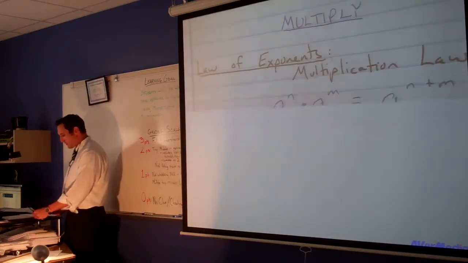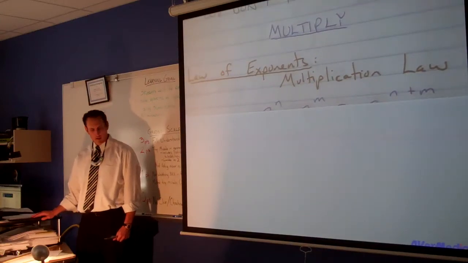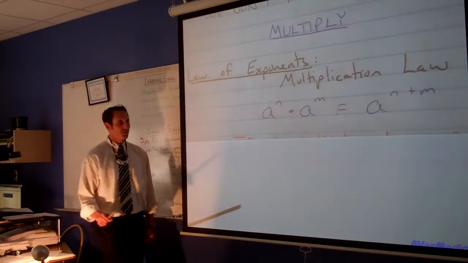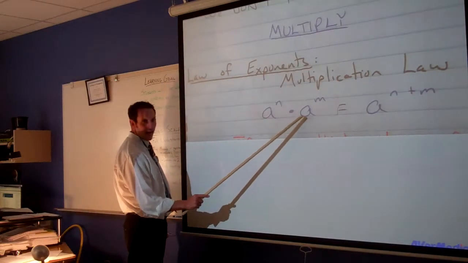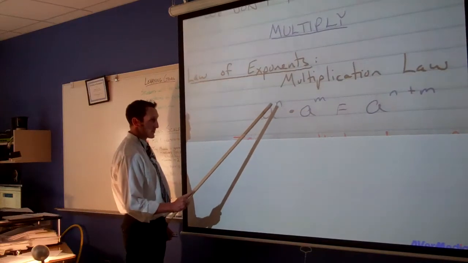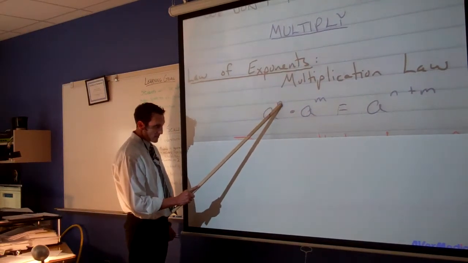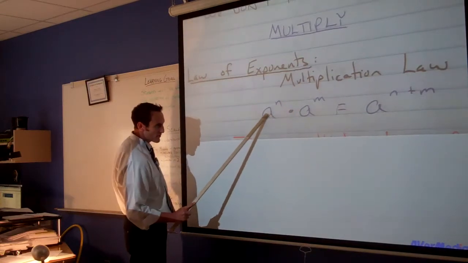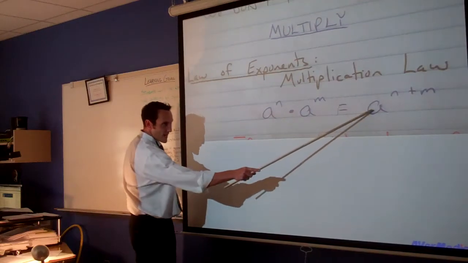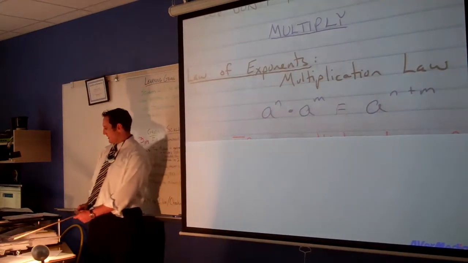For the next law of multiplication, we're dealing with the multiplying law, which states this. If we are multiplying two numbers that have the same base, okay, this is called the base, this is called the exponent, this is called the base, this is called the exponent. If we're multiplying two numbers that have the same base, that means we keep the base and add the exponents.